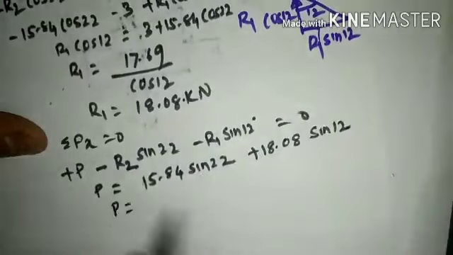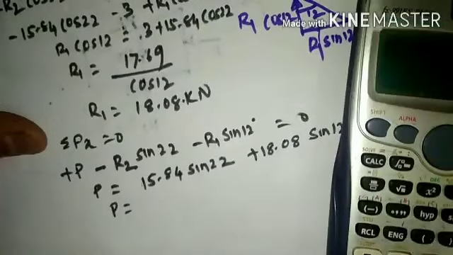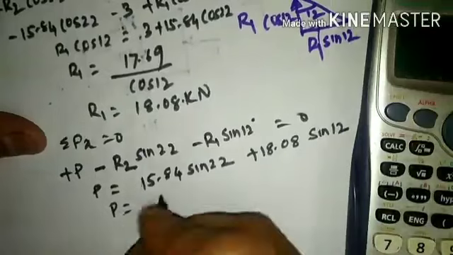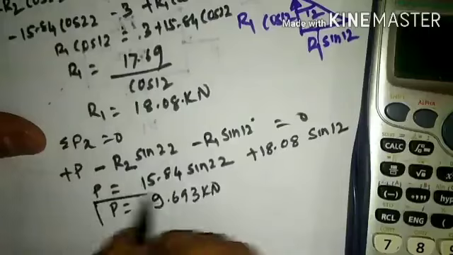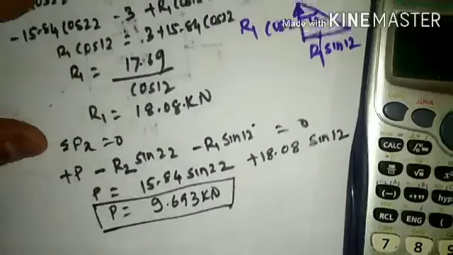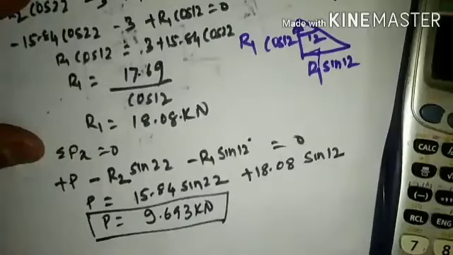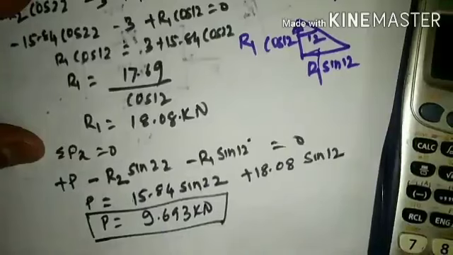So the P value shall come out to 15.84 sine of 22 plus 18.08 sine of 12 degrees, whose value shall come out to 9.693 kilonewton. So this is the value of P that will be required to be applied on block B, so that block A does not slide downward and the system is kept in equilibrium.